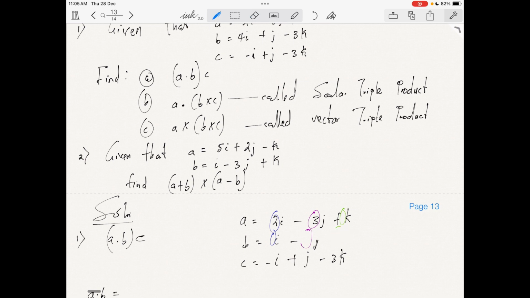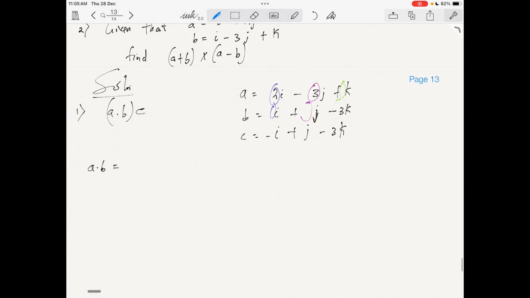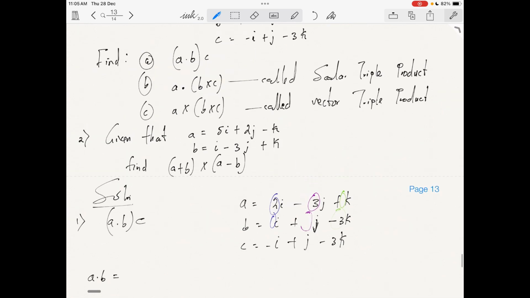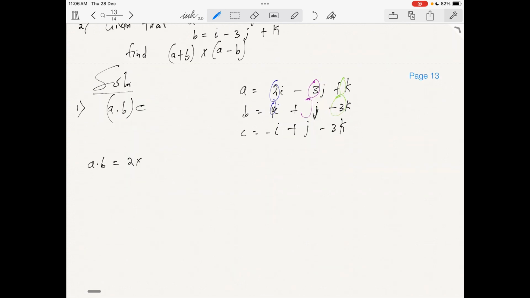We have this to be plus j minus 3k. So when we want to evaluate a dot b, we realize that we'll have 2 multiplied by 4, plus minus 3 multiplied by 1, plus 1 multiplied by minus 3.